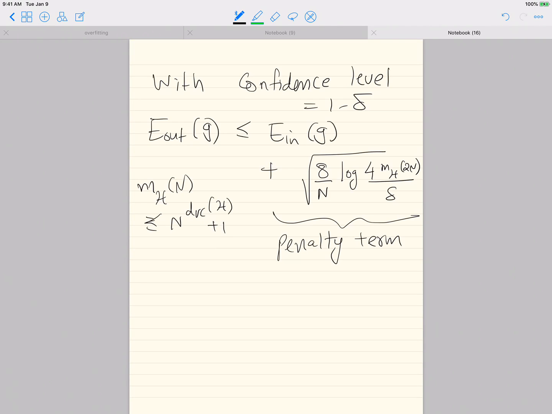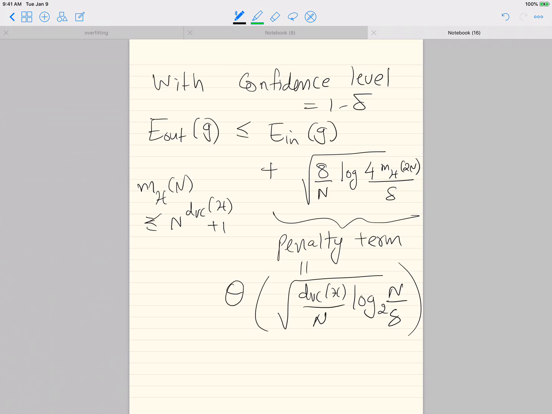So it's not hard to see that the penalty term is of the order of theta of square root of dVC of H by n log n by delta. So again, I'm using the complexity notation. This theta means that it's between O and omega. It is the exact scaling, right? And it says that the penalty term scales as square root of the VC dimension times log n by n.